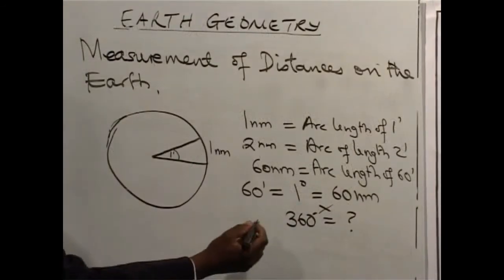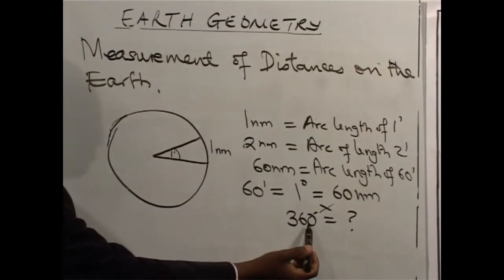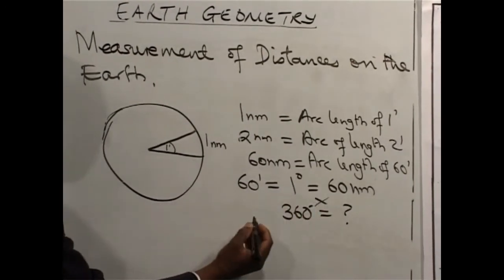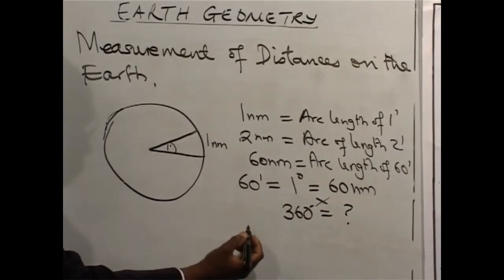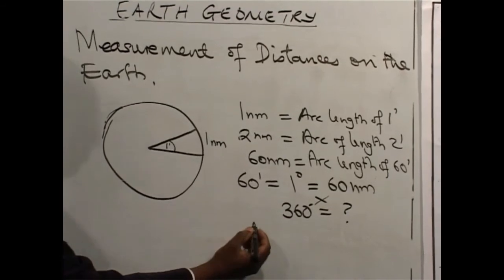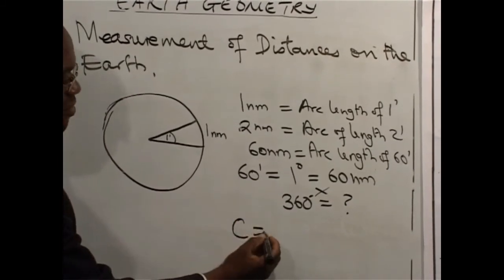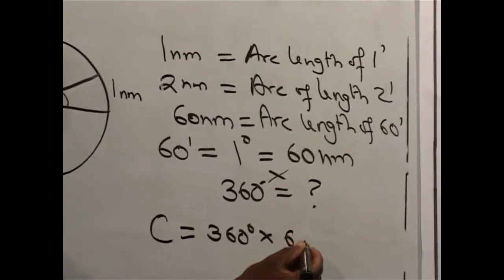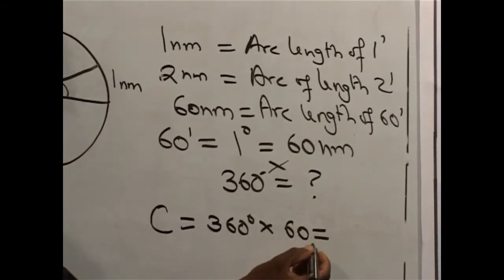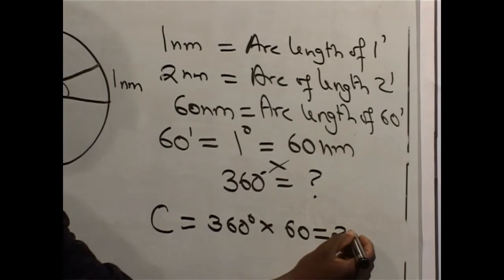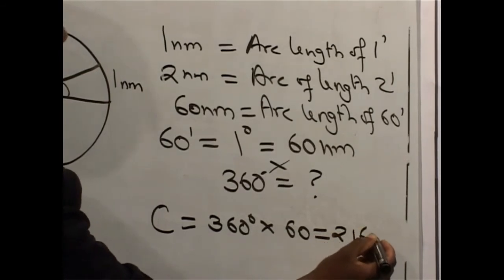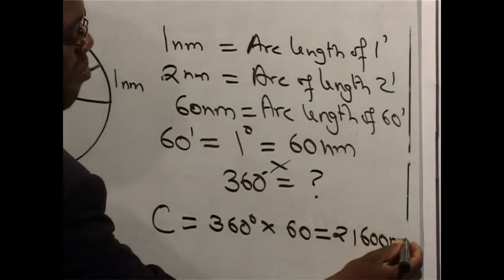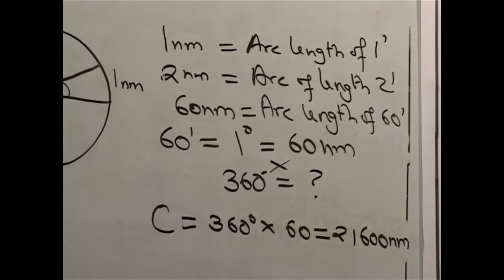If we cross multiply 360 degrees multiplied by 60, we get the circumference of the Earth in nautical miles. So we say the circumference of the Earth will be 360 degrees multiplied by 60, which gives us 21,600 nautical miles.